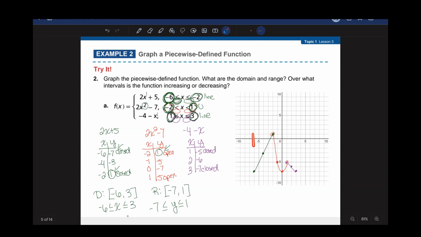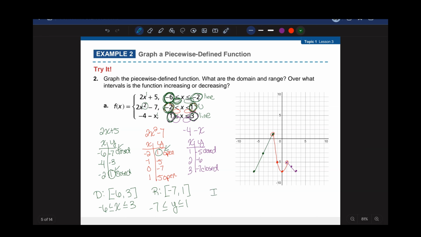Same thing here, -6 all the way to +3. So where we are increasing and decreasing. If I start right there at -6, it's going up until it gets to -2. So I'm increasing from -6 to -2. Then my graph starts to decrease, starting at -2.